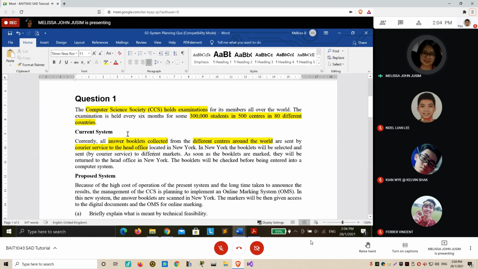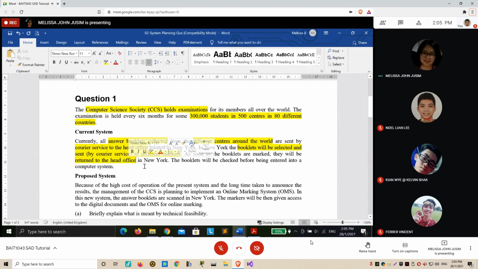hard copies, answer booklet hard copies. In the head office, the booklets again will be sorted and sent to different markers. So here they involve the head office people to delegate the marking to different markers, and the markers will mark the answer booklets, and after that they need to send them back to the head office.